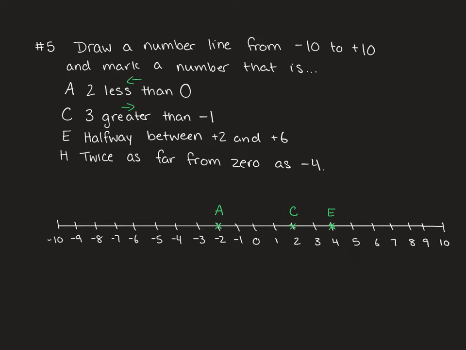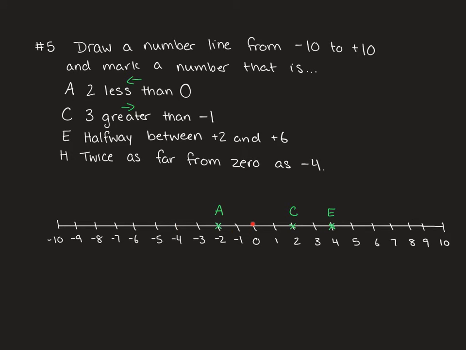H is a little bit trickier because we need to be twice as far away from 0 as we are from negative 4. So we can't quite find a space in the middle that's twice as far, because this would be equal distance if we went with negative 2. And if we move a little bit closer to 4, there's 3 spaces to 0, but 1 to 4, so it's actually 3 times as far. Instead, we have to look on the outside. We have to go past it.